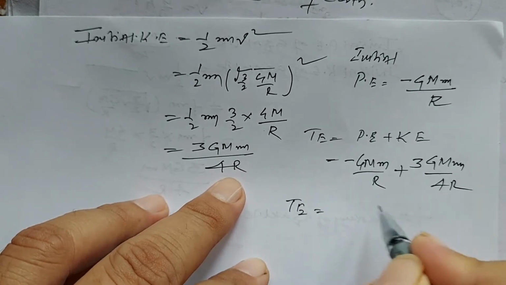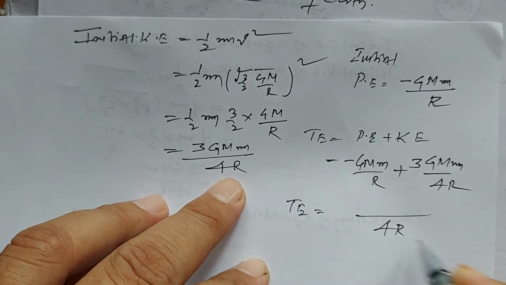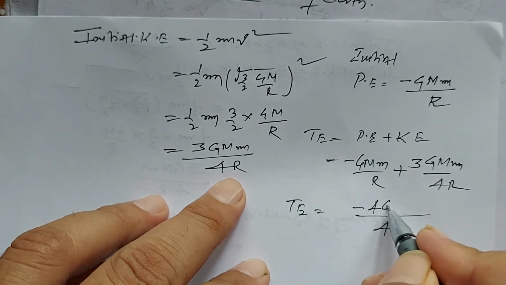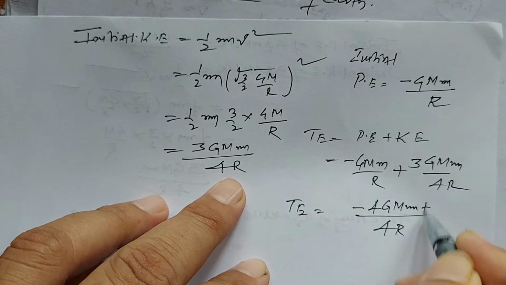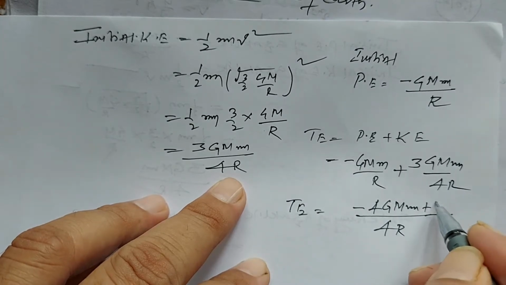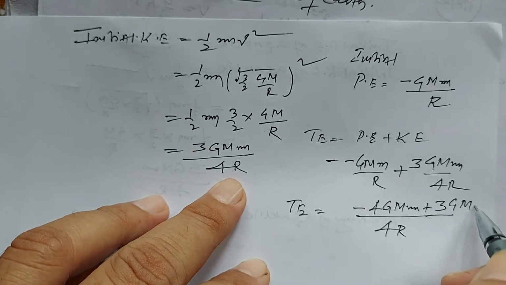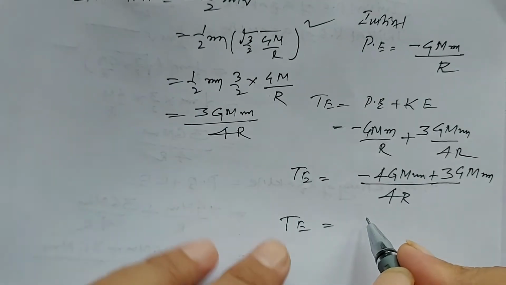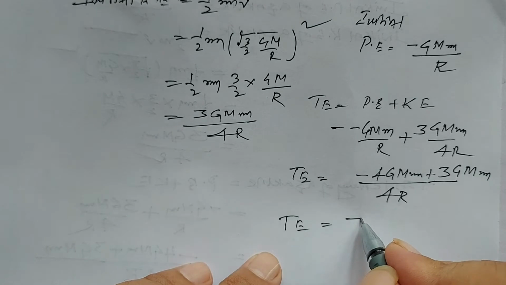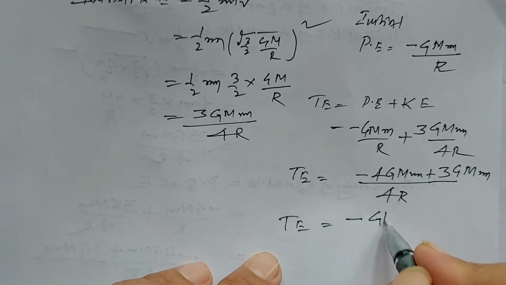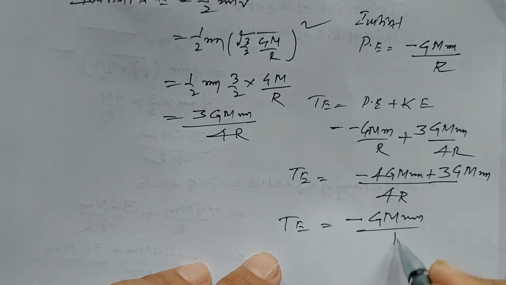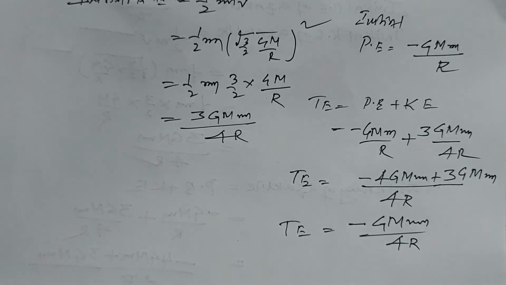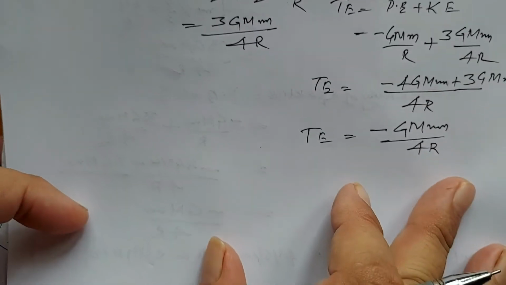Total energy is equal to minus GMm divided by 4R. This is the total energy of the satellite in an elliptical orbit.